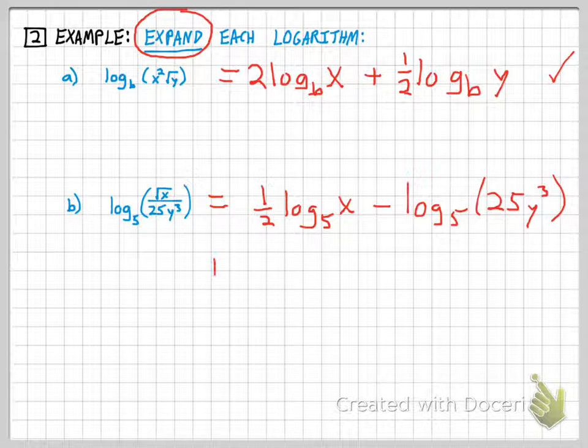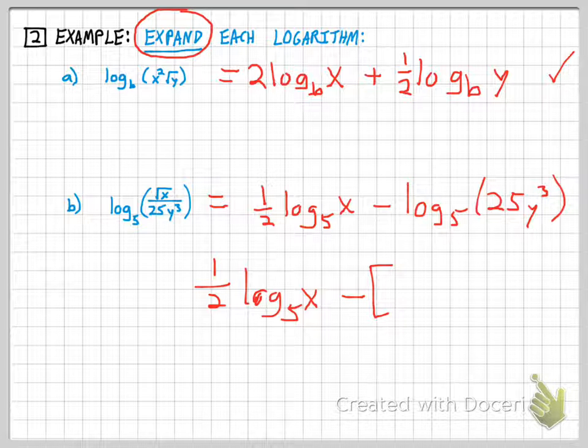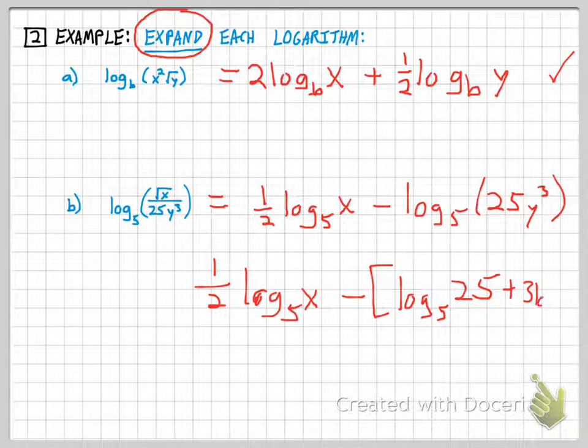and then realize that the second half of this expression is really another problem where I can simplify or expand further, because that is really the log of a product. So log base 5 of 25 plus the second half of this, which is 3 log base 5 of y.